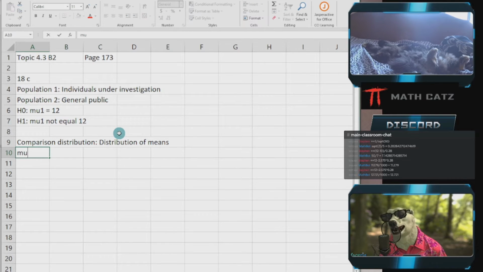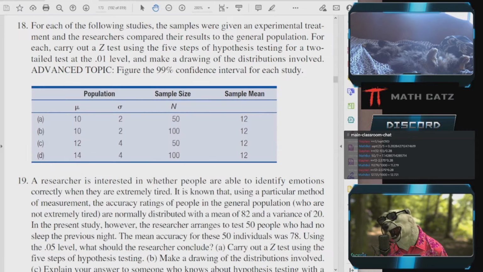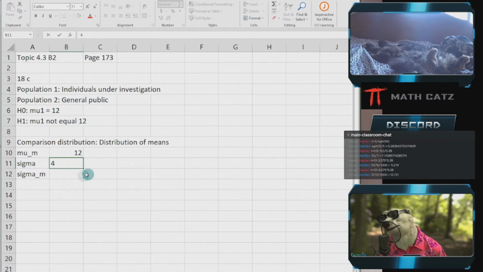So I'll call that mu underscore m, and that is going to be my 12, the same as the distribution of individual scores. Sigma underscore m will be, let's move that down a little bit and write sigma over here, the population of individuals. That is given as 4 over there. So we'll put that as a 4.